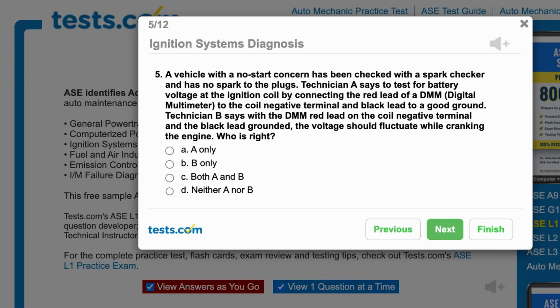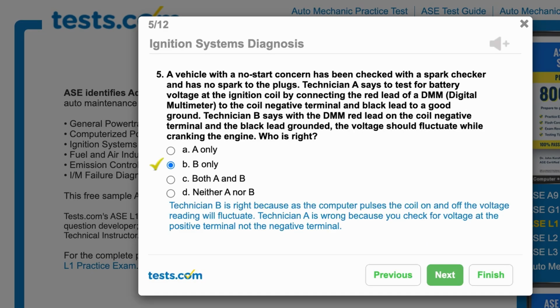Technician B says with the DMM red lead on the coil negative terminal and the black lead grounded, the voltage should fluctuate while cranking the engine. Who is right? A. A only. B. B only. C. Both A and B. D. Neither A nor B.